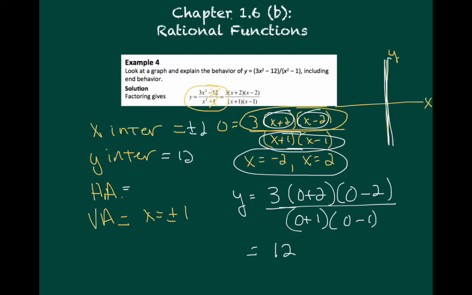So this is really going to look like 3x squared over x squared, and that's going to simplify to y equals 3. So what's the shortcut? To find the horizontal asymptote of a rational function, you just take a look at the lead term.